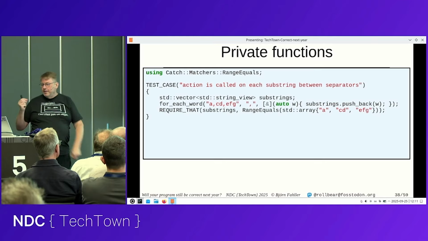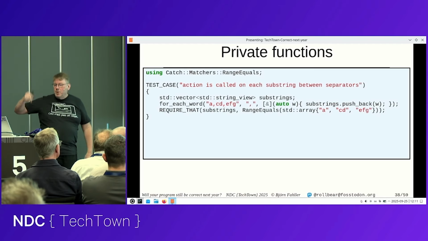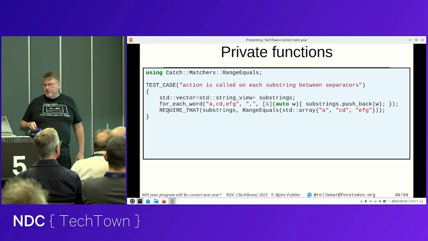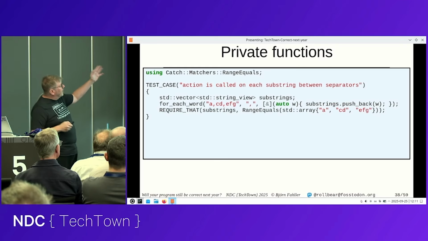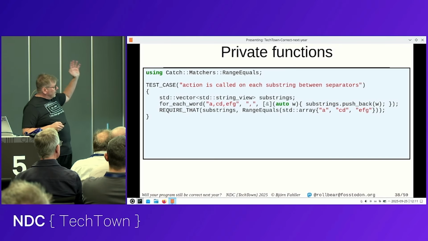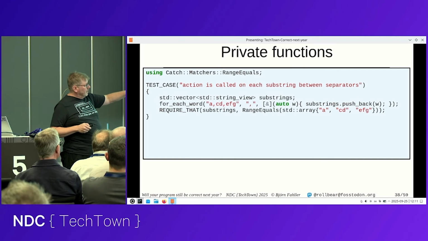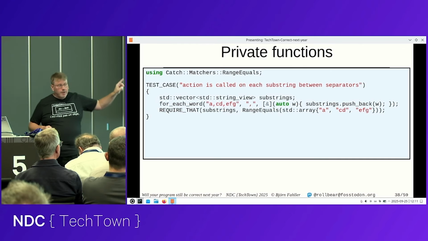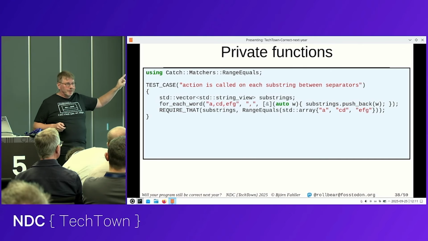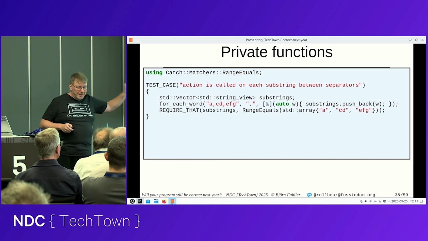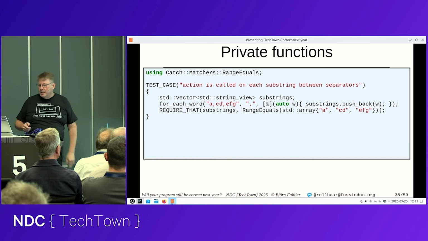And the lambda that pushes each word back on this substrings vector. And then we require that the result substrings range equals an array with a, comma, c, d, comma, e, f, g. And here it is range equals, not unordered equals. We really want to see that they are called in the right order.